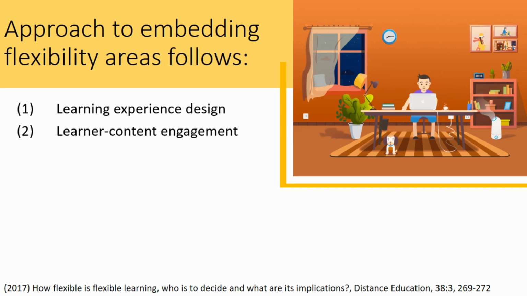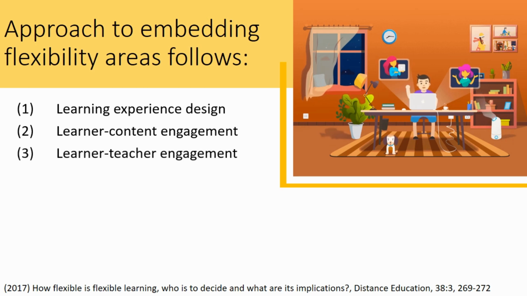Second, the learner-content engagement. It is about learners' engagement and interaction with the subject matter in ways that suit individuals' styles and approaches to studying, its time, place, and pace. Third, the learner-teacher engagement.